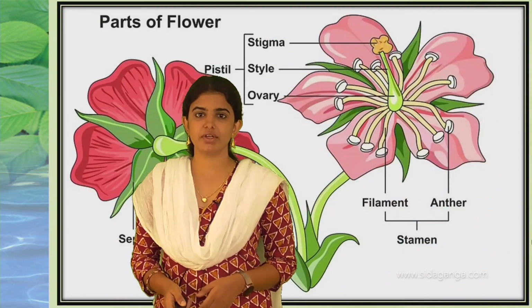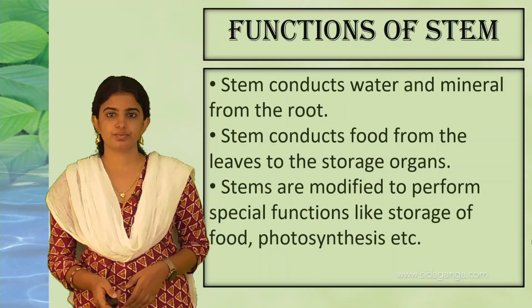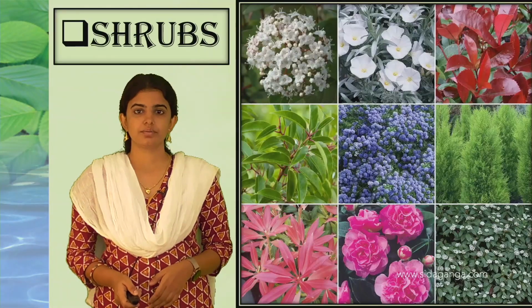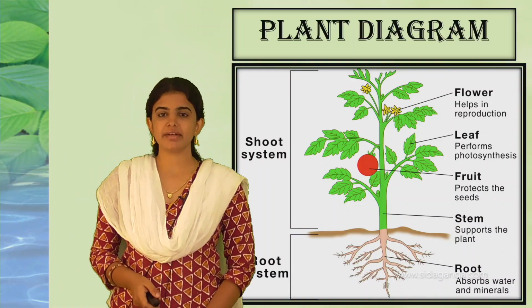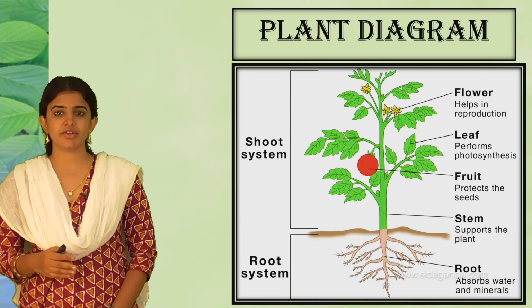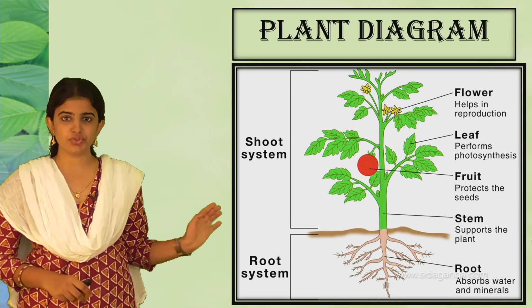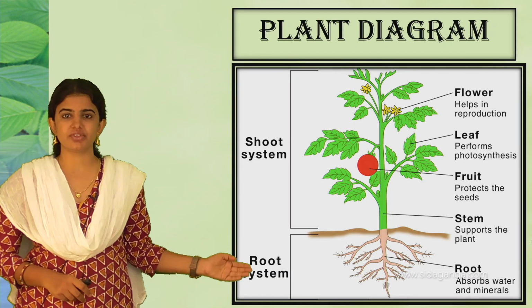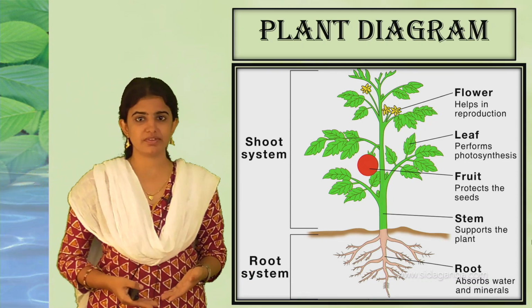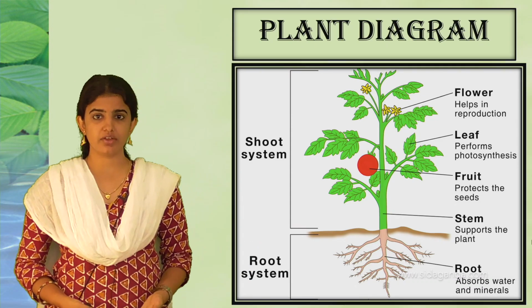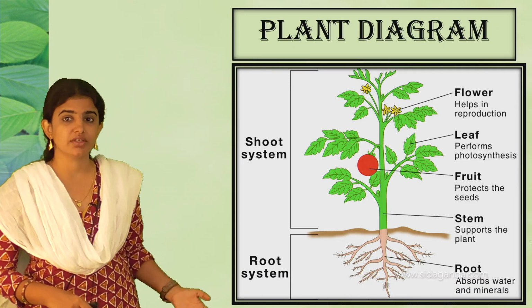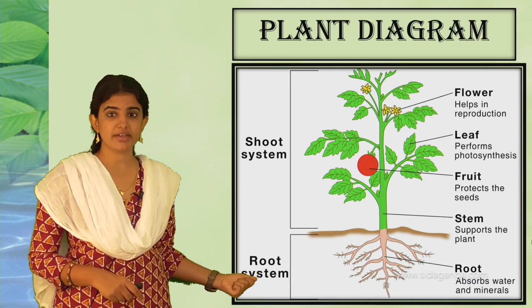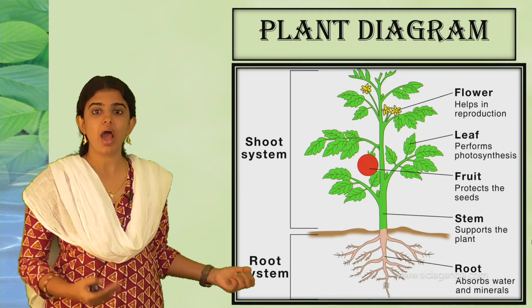See, once again I will tell you. This is the plant diagram where the plant is divided into two main parts: one is the shoot system, another one is the root system. The shoot system is present above the soil, and the root system is present under the soil and helps in fixing the plant in an upright position.